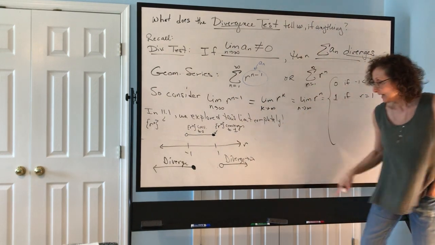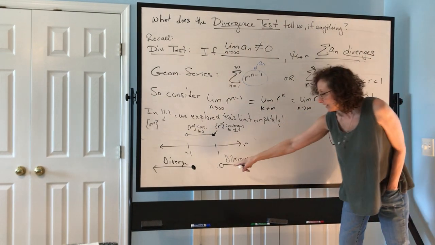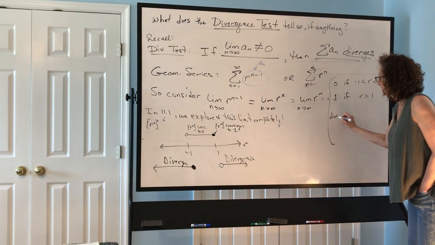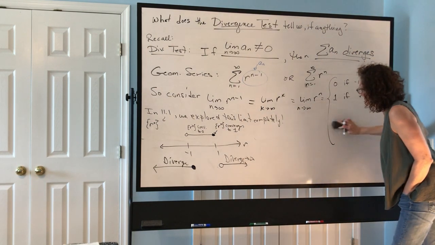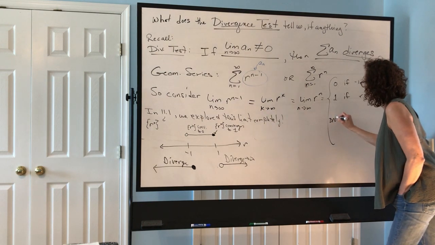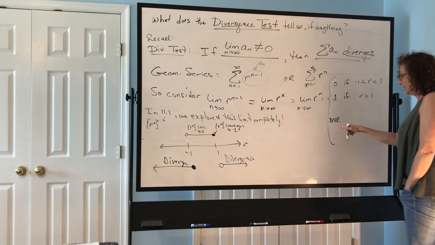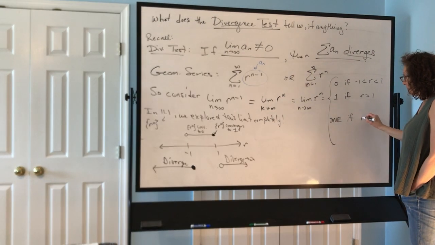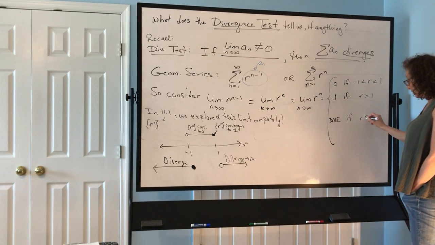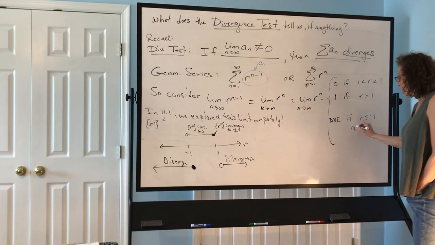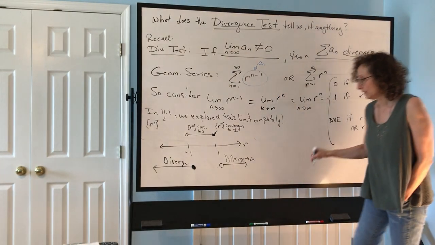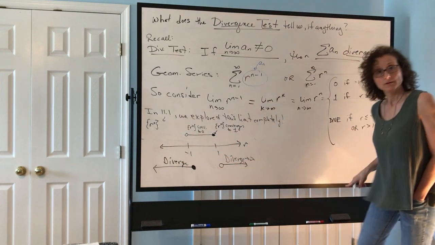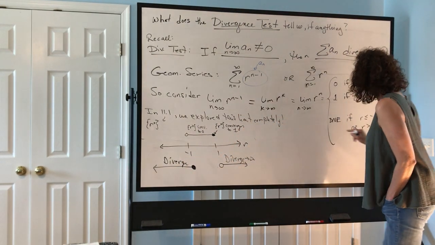And that limit diverges, does not exist, if what is true? The sequence diverges, the limit does not exist, if r is less than or equal to -1, or r is greater than 1. Yeah? Okay.